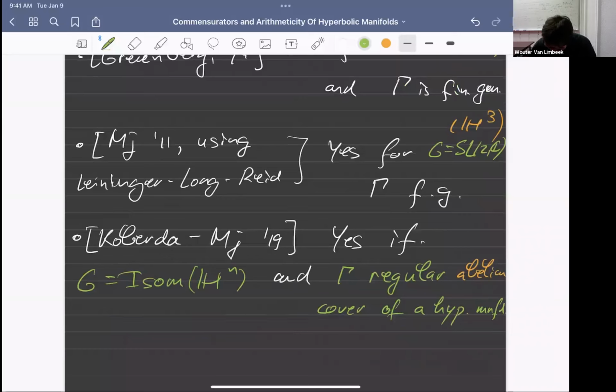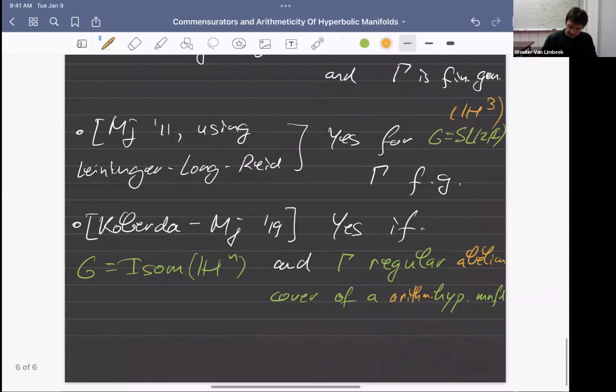Sorry, of not just hyperbolic, but arithmetic. Okay, and I think it's open for all other G.